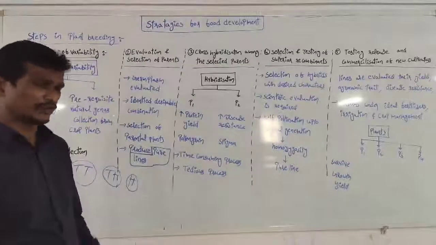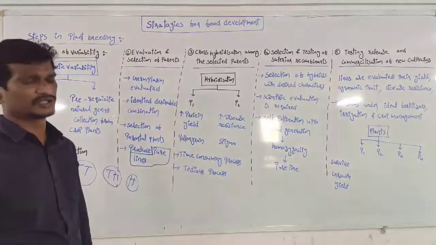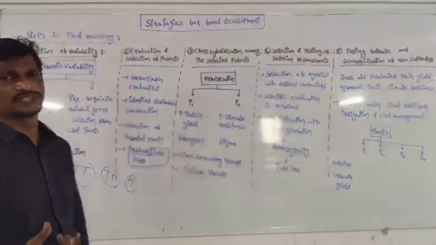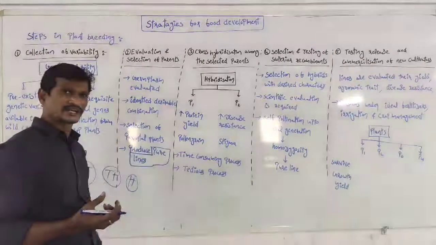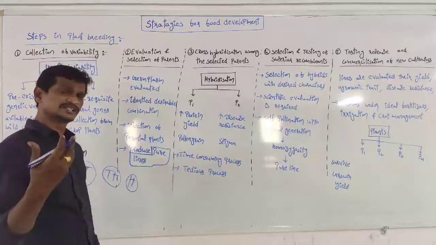What is the use? Okay, if we maintain the homozygosity, whatever desirable characters are there, the desirable characters are stable. The desirable characters are stable in the next generation also.